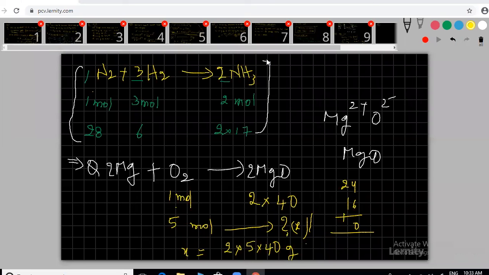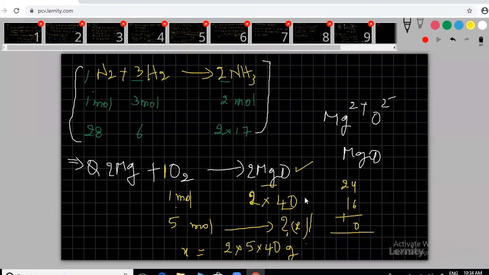Someone said they are not getting it. Please find what your mistake is, sir. I simply did the equation here. Magnesium plus oxygen, magnesium oxide. Did you get how to write it? Just balance the equation, sir. First write magnesium oxide. Magnesium plus oxygen, magnesium oxide. In front of oxygen, how much is there? 1 mole. 1 mole will give how much? 2 into, what is the weight of magnesium oxide? 40.